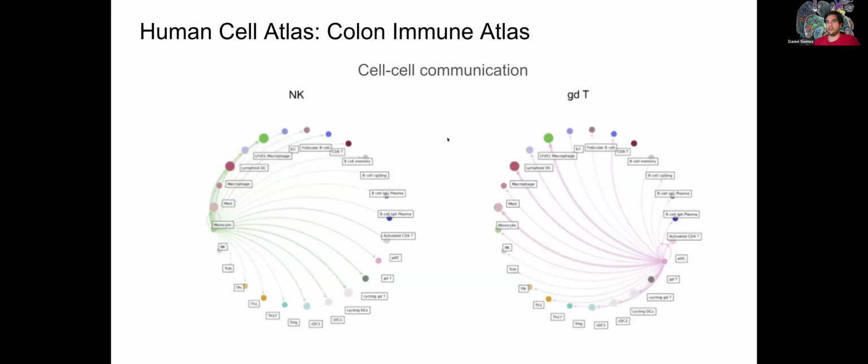And then we're also able to make a cell-cell interaction network plot where we can see the cell-cell communication. And we have here NK cells as well as gamma delta T cells.